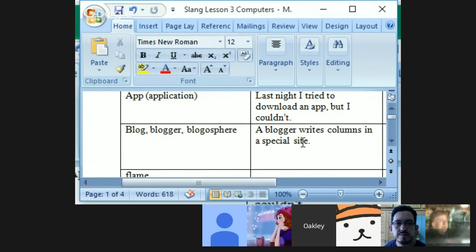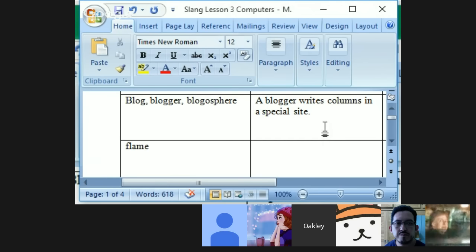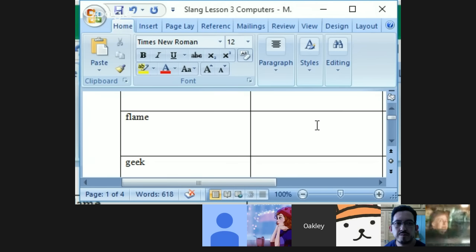Again, you need to have the article here, because sites are also countable. You could write in special sites. You often have a choice. You could say a blogger writes, you could say bloggers write. You could say a column, you could say columns. You could say in a special site, in special sites. Actually, one or the other, but countable nouns, you either have to make it plural or use a, like that.